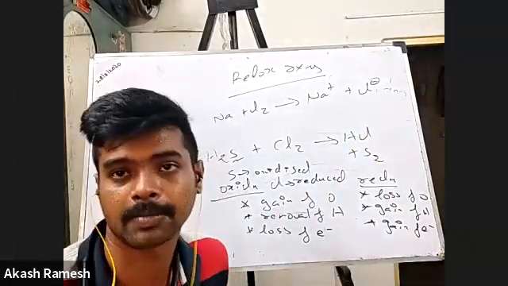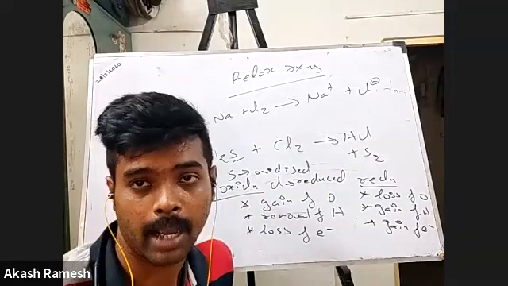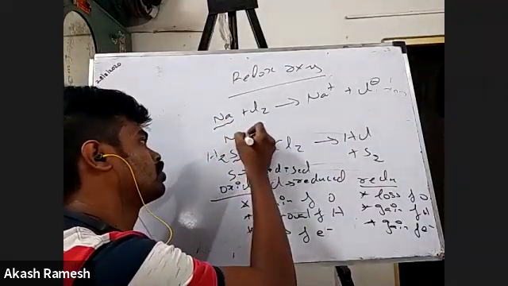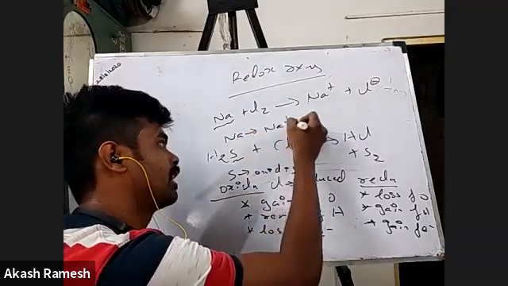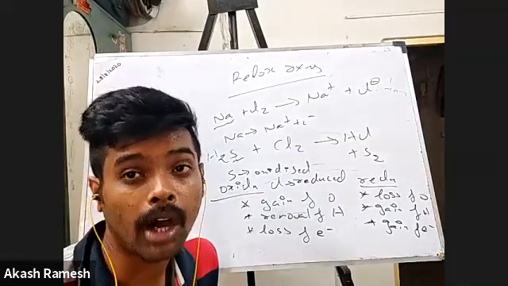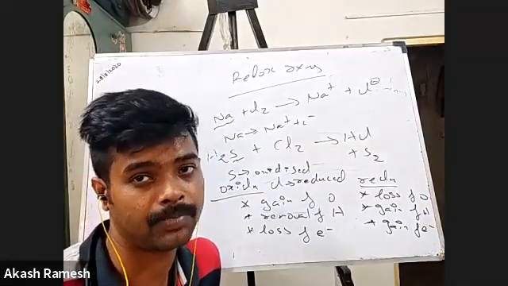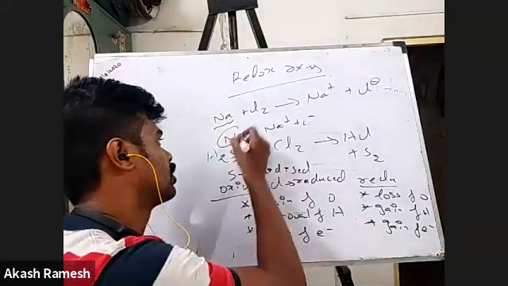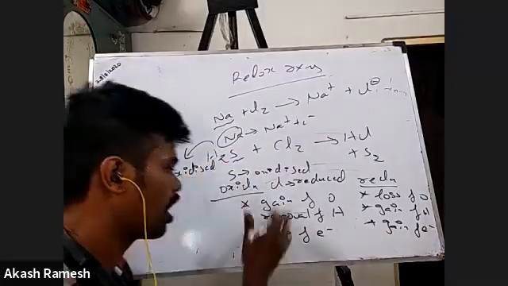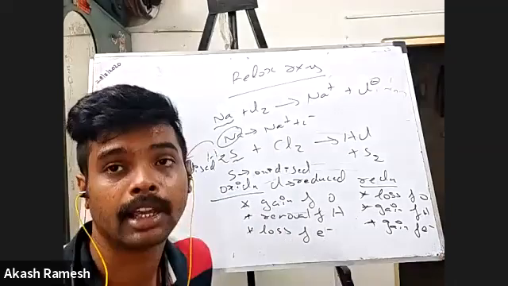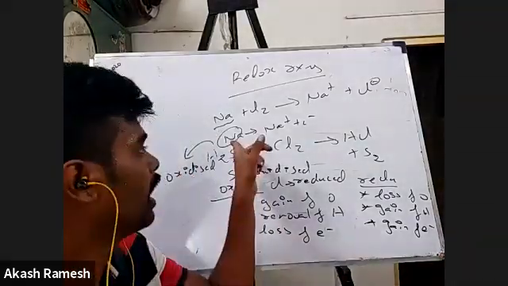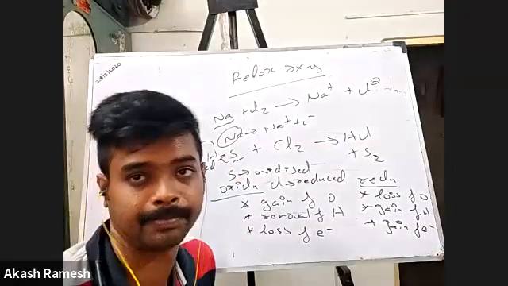What happened to sodium here? Sodium has lost an electron to form Na plus. So sodium is the one getting oxidized, because if an element loses an electron, it is oxidation.